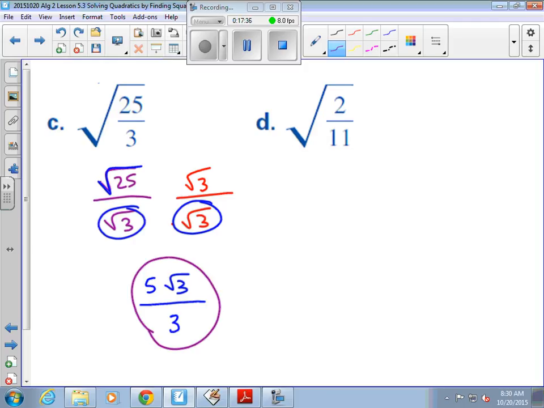Okay, another simple problem. First thing you want to do is separate it. The square root of 2 over the square root of 11. We just took from the big one and made it two small ones. Neither one of those is a perfect square. We had 25 a second ago. We don't have that here.